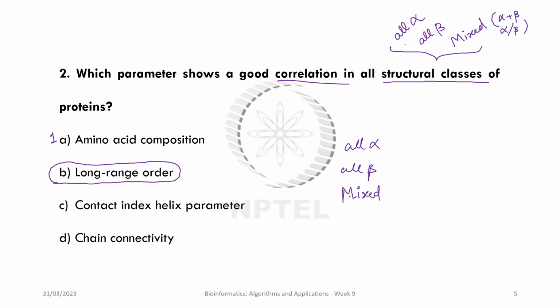Similarly, long range order will be higher for all beta and mixed classes, and quite low for all alpha proteins in general. But the correlation between what you predict and what actually occurs, between long range order and the folding rate, is higher compared to chain connectivity, contact index, helix parameter, or amino acid composition.